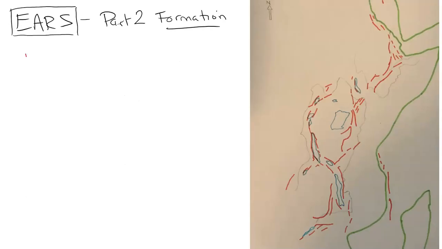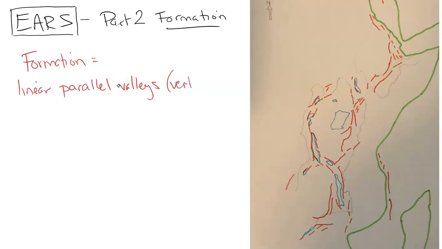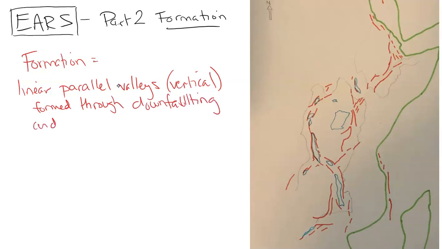So let's look at the formation to start with. All right, so we're looking at linear parallel valleys formed, well, basically, with vertical walls, and they are formed through downfaulting and faults.